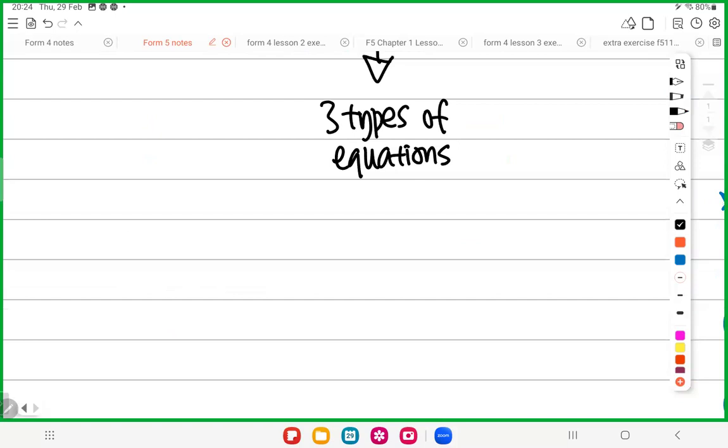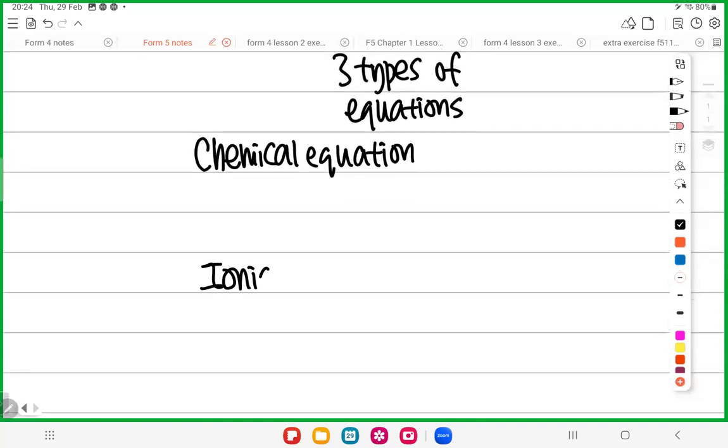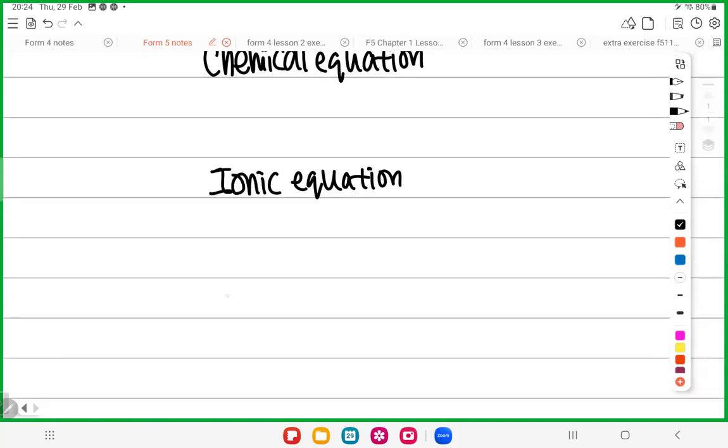The first is called the chemical equation. The second is called the ionic equation. The third is called the half equation. I'll go through it, no worries. Step by step, you'll be fine.